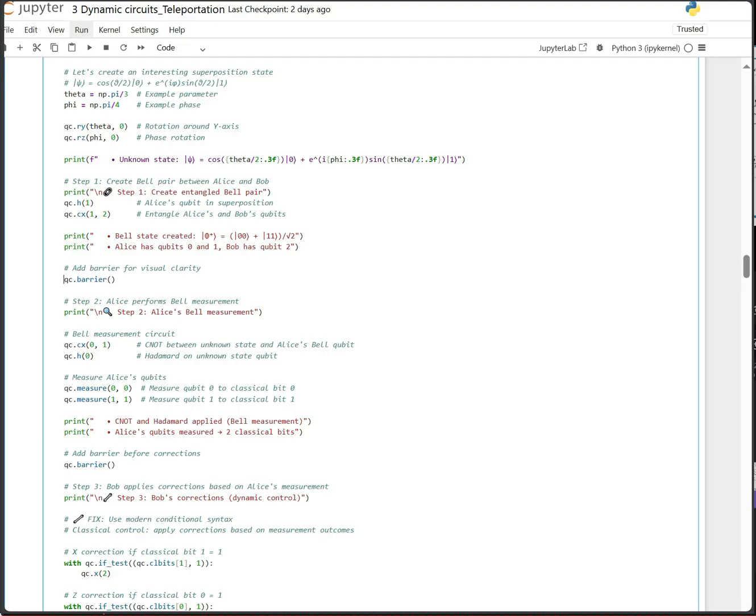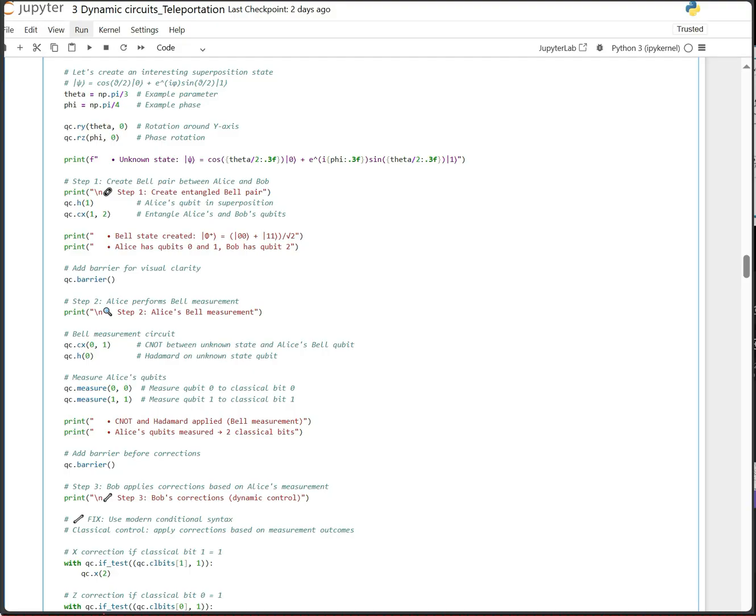And then you're going to perform Bell measurement. For this, you're going to have a CNOT between the unknown state and Alice's Bell qubit. And also you're going to apply a Hadamard to the unknown state qubit.